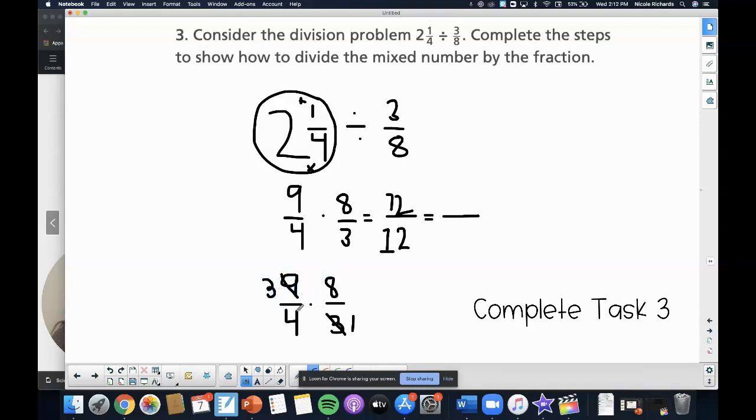And I notice 4 and 8 have a common factor of 4. 4 divided by 4 is 1. 8 divided by 4 is 2. So now I can do 3 times 2 is 6. 1 times 1 is 1. 6 divided by 1 is 6. So this answer has a nice whole integer of 6.